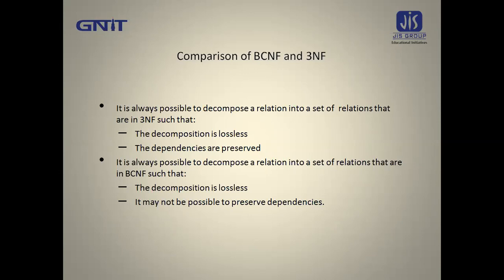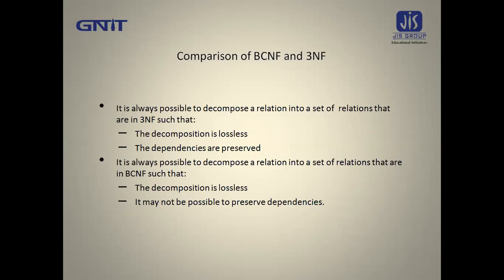And it is always possible to decompose a relation into a set of relations that are in BCNF such that the decomposition is lossless, but it may not be possible to preserve dependencies. So see the subtle difference: we can decompose a relation into a set of relations which are in 3NF such that the decomposition is lossless and the dependencies are preserved.